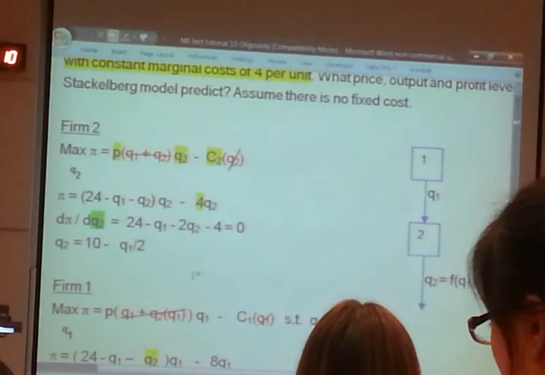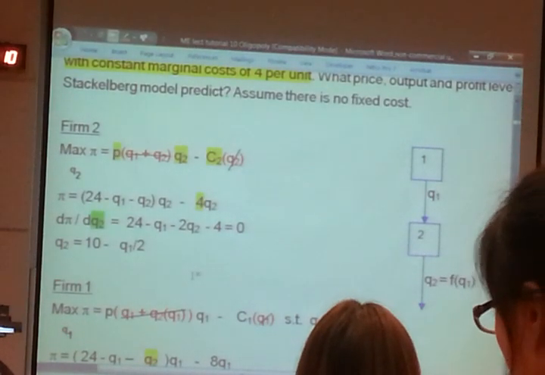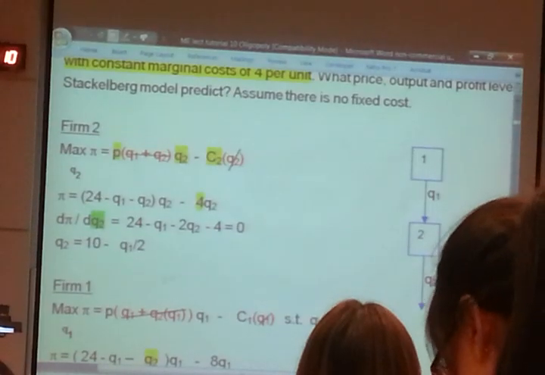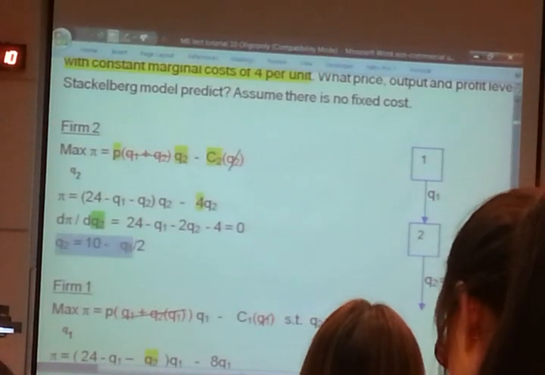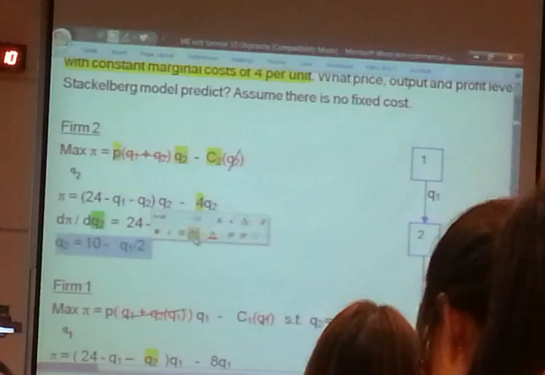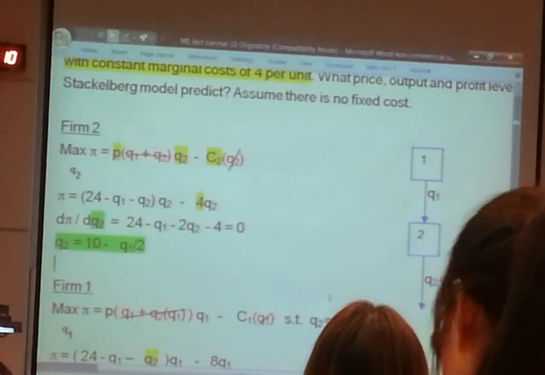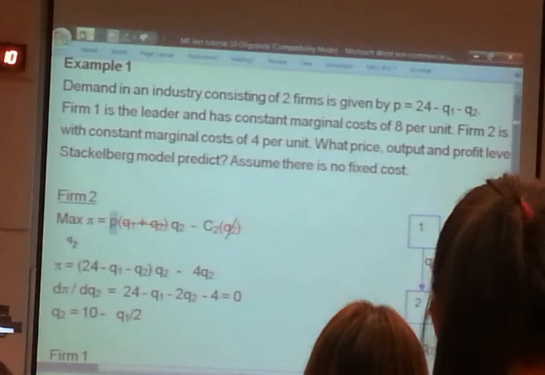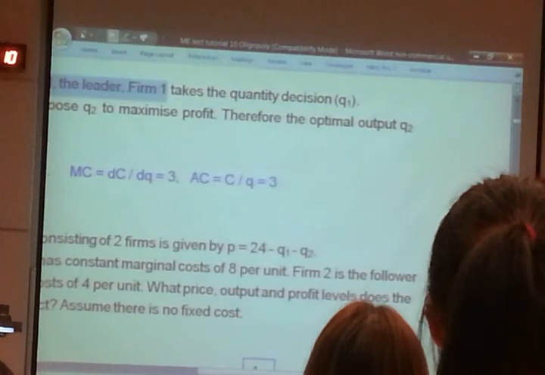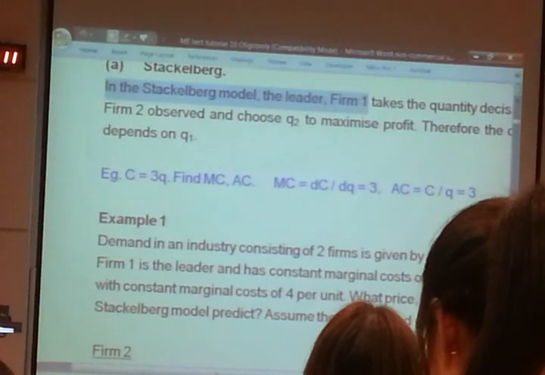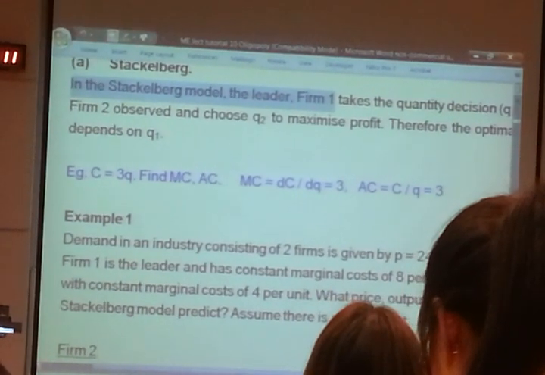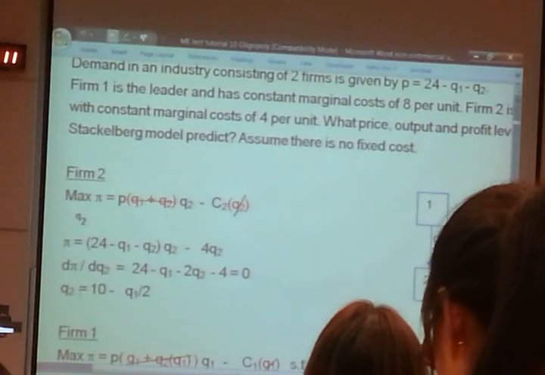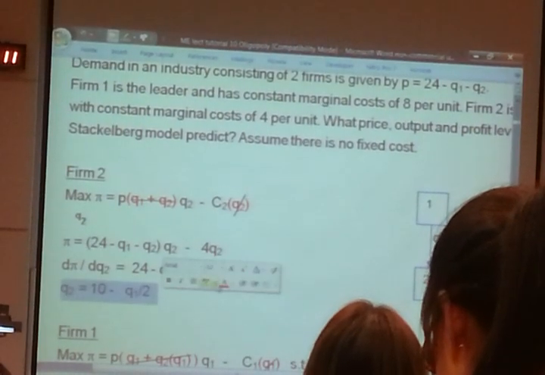That's all. So for firm 2, to maximize profit, firm 2 will produce this. That will give the highest profit.